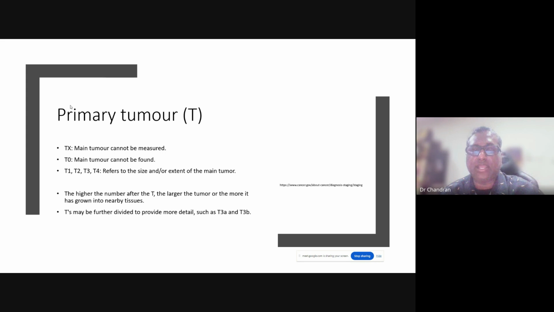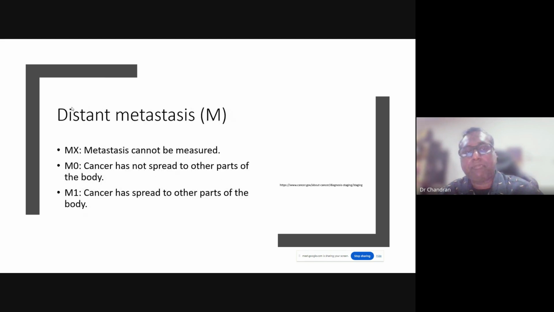In this case, with lung cancer and brain cancer, the T is based on the lung cancer, not on the brain cancer. N is the nodes, and M is for metastasis. We'll mention there is a brain lesion, but the T doesn't measure the brain lesion, because that falls under M.